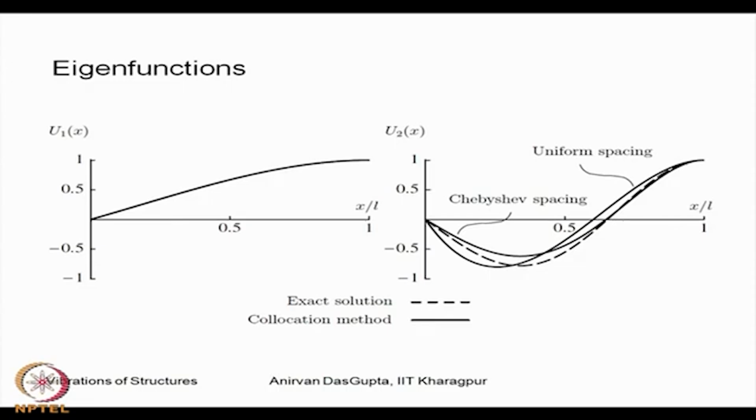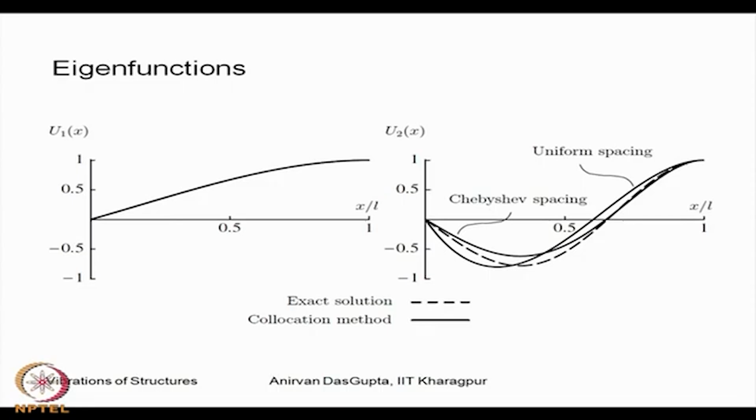If you look at the fundamental eigenfunction, the eigenfunction corresponding to the fundamental mode, then within the accuracy of this plot you cannot distinguish the exact method from the collocation method, though the natural frequency is in some error. This can of course be rectified by considering more and more terms in the expansion and making it more accurate.